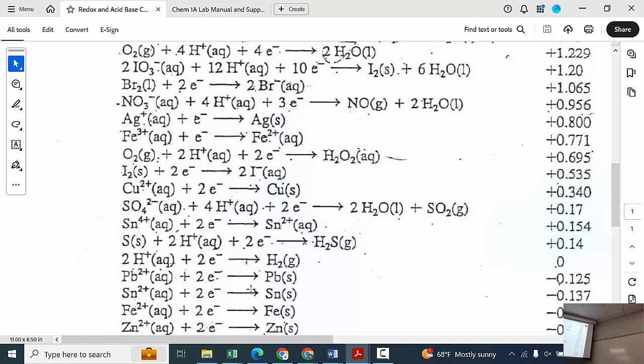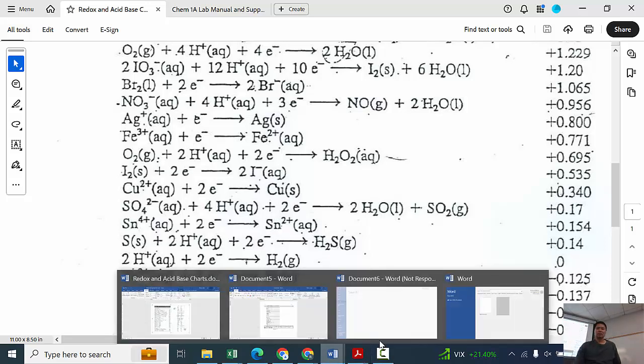Is that going to work? No. I mean, H+ is a much, much weaker oxidizer than nitrate. And so this is destined to fail. This is absolutely going to fail.